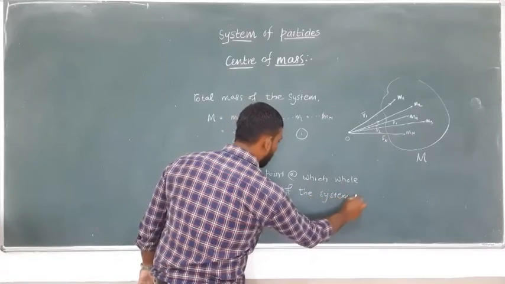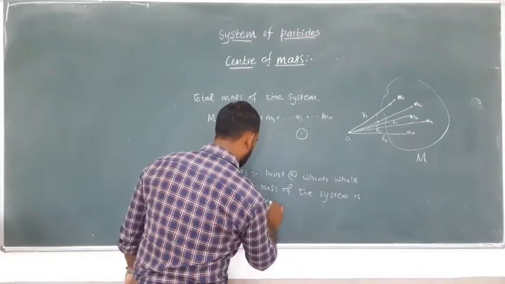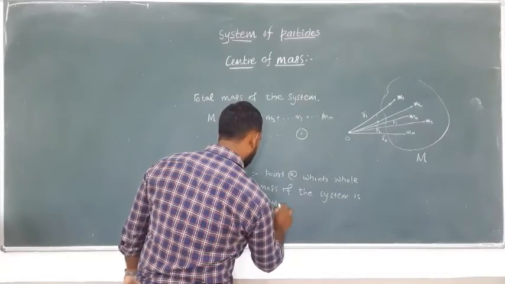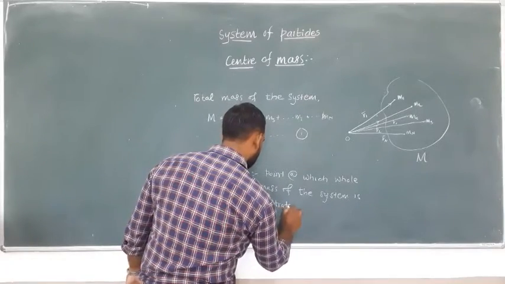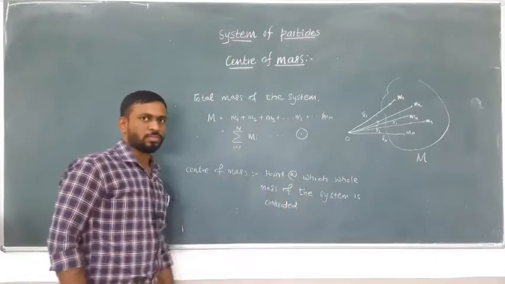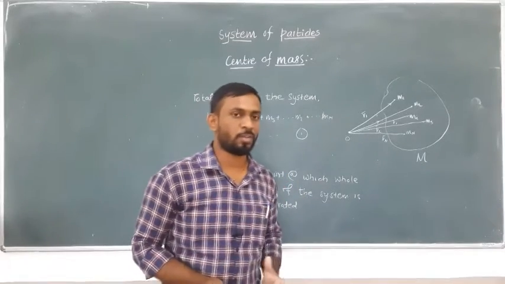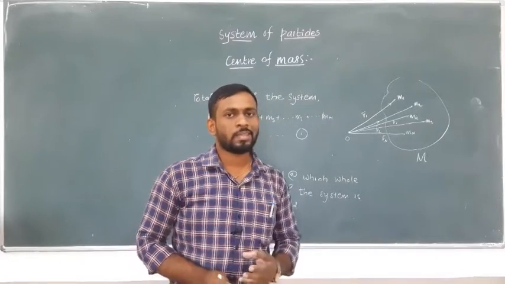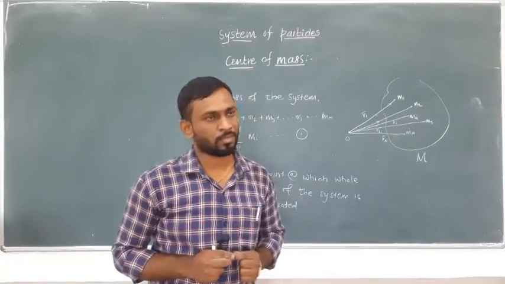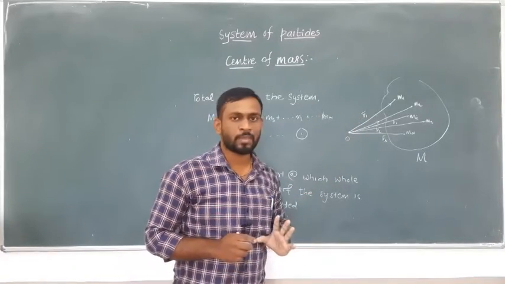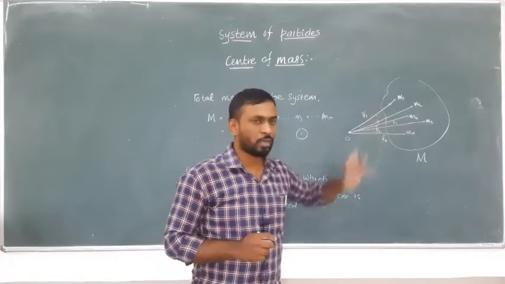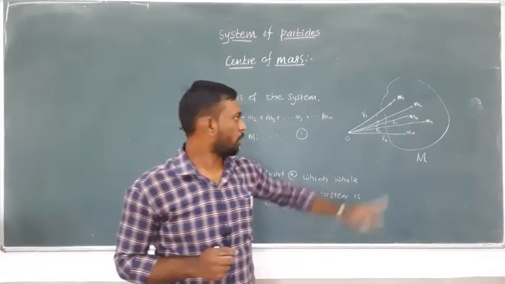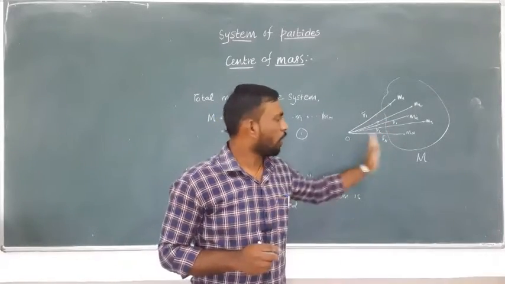The system is concentrated. So the whole mass of the system is supposed to be concentrated at the center of mass. So how do we locate the position vector of the center of mass? We know r1 is the position vector of mass m1, r2 is the position vector of mass m2, and so on for all those particles.